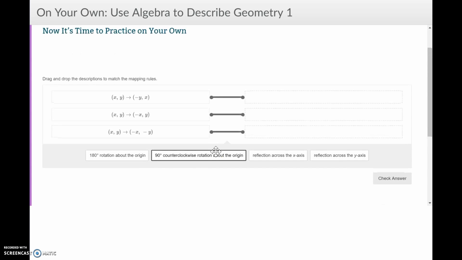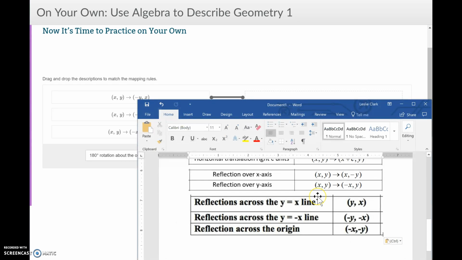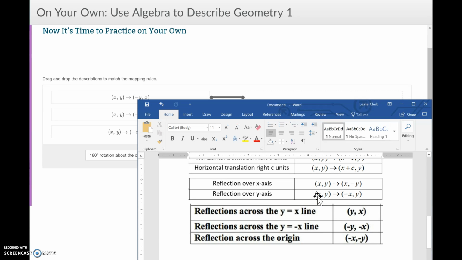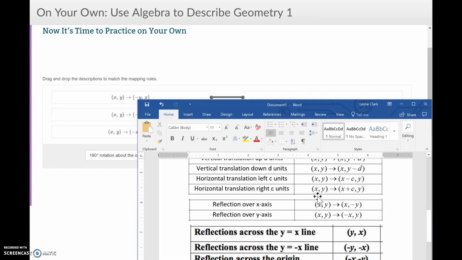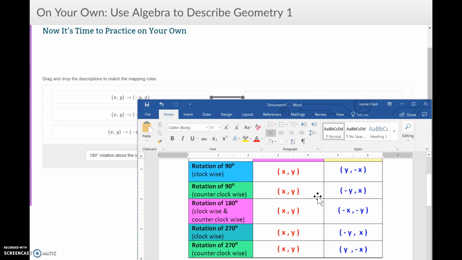All right. This one we're going to use our little cheat sheet. So x, y switch places, and y does the opposite. So they switch places.